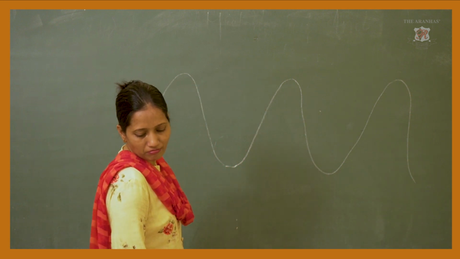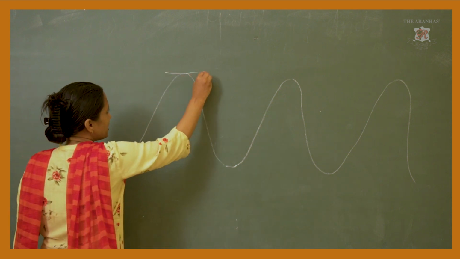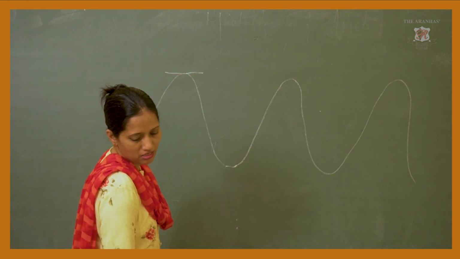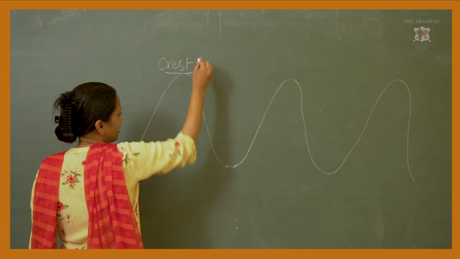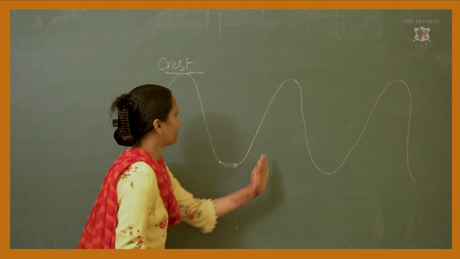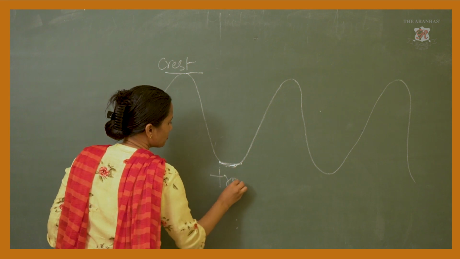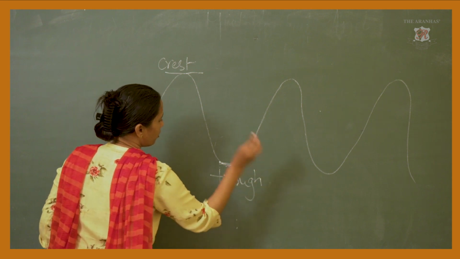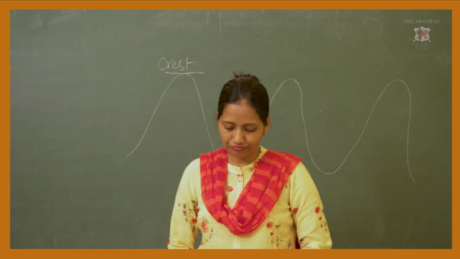So this raised portion is called a crest. And this down portion, when the water goes down and then again rises, is called a trough. This is the crest and this is the trough.